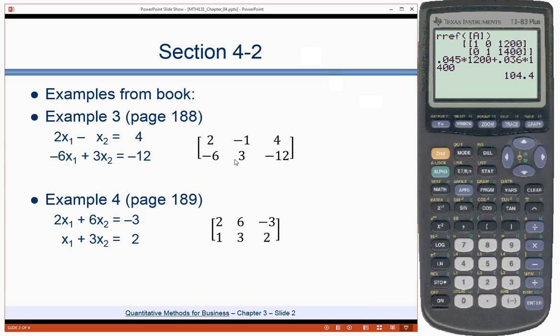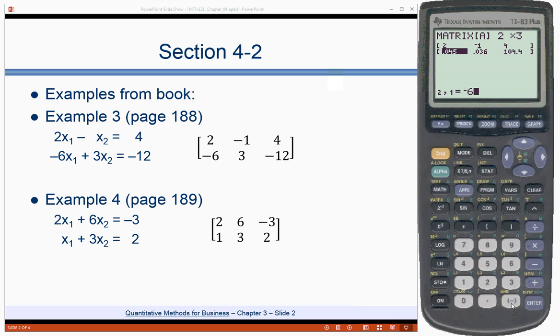So let's just go. We need to enter this matrix into our matrix on the calculator. So I do second matrix. I go over to the edit menu, hit enter, and it's already 2 by 3, so I don't need to change those, but I just need to put 2, enter, minus 1, enter, 4, enter, minus 6.